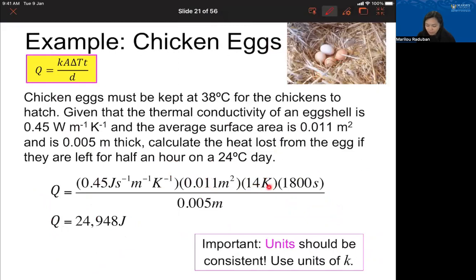I use Kelvin for the units of delta T because the unit for the given thermal conductivity is in Kelvin as well.